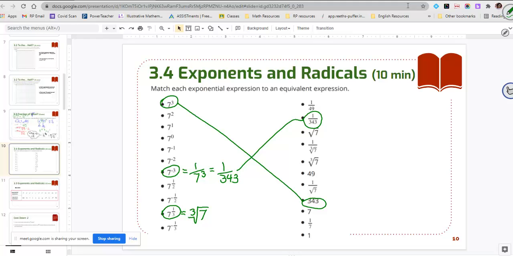Whatever's the denominator of a fraction becomes the root of a radical. So let's see, cube root of 7. Ooh, I see that one up there. We got a match going here with our cube root of 7.